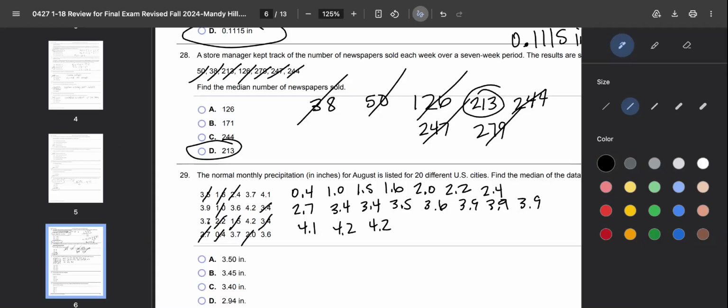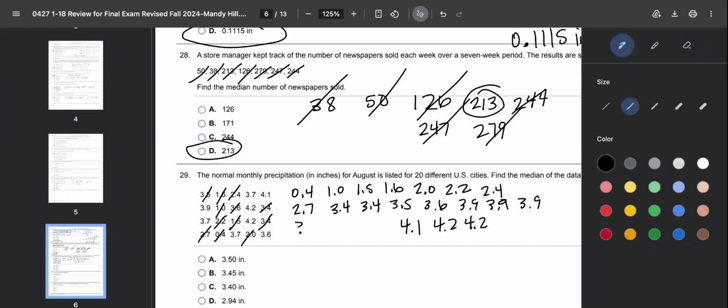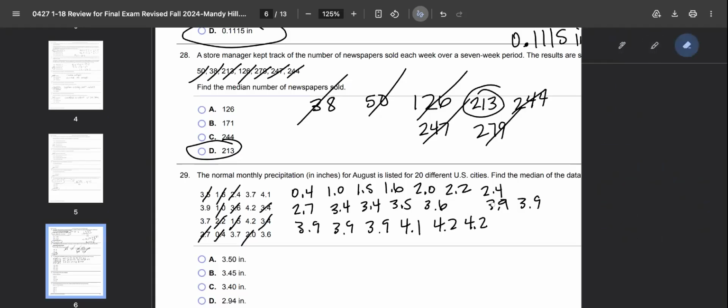This is one of those problems that it's not difficult at all, but if you get off a little bit, I missed this 3 points. I missed the two 3.7s. Okay, let me see. So I'm going to move these down 4.2, 4.2, 4.1, and 3.9, 3.9, 3.9, and look at that.